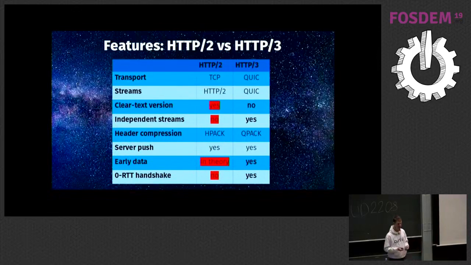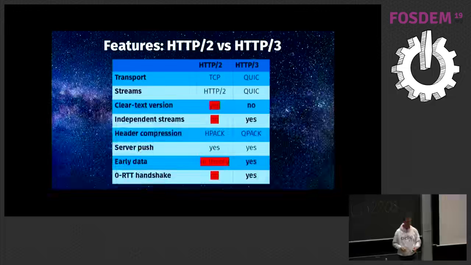You can never speak without encryption. There are independent streams in HTTP/3, so when the server delivers images to your browser, they can end up at the client in a different order than the server sent them, which is going to be fun. But since the streams are independent, they can move independently of each other over the network.